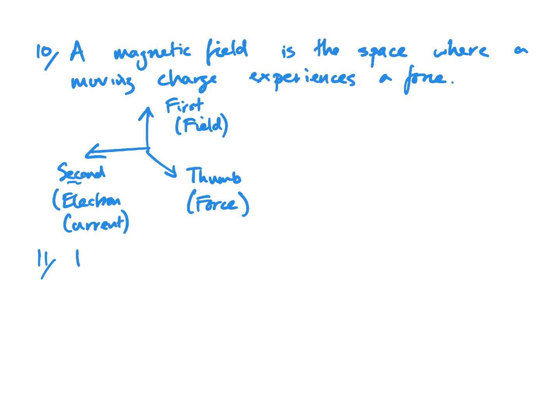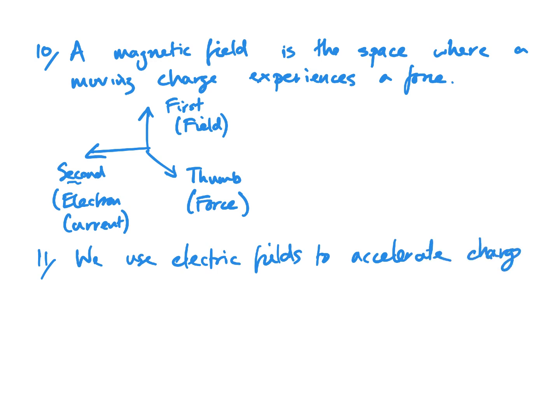So we use electric fields to accelerate charged particles. It could be electrons, could be protons, can be actual whole atoms if you want, and so on.